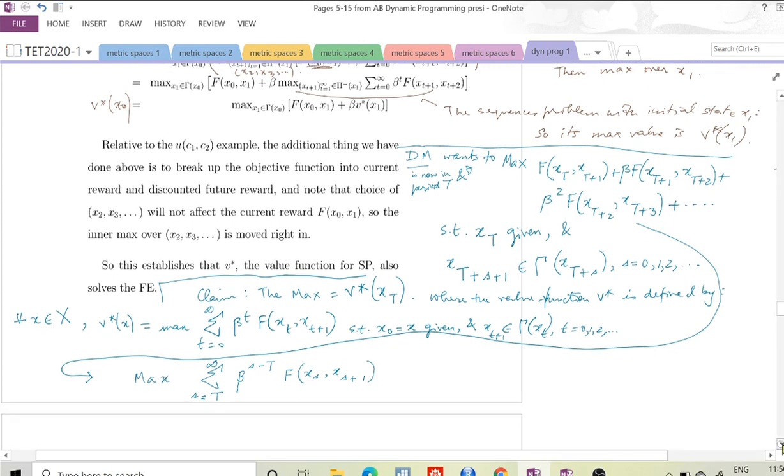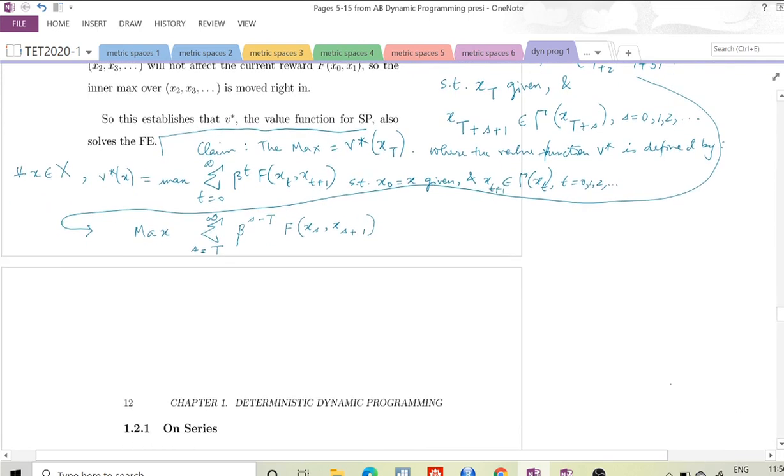And now make the following change of variable.